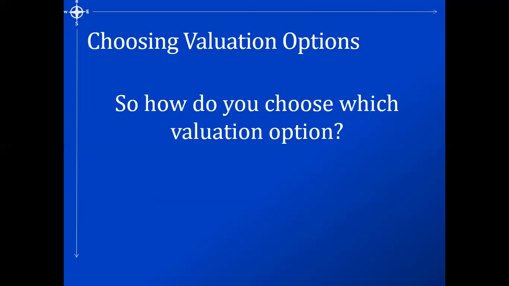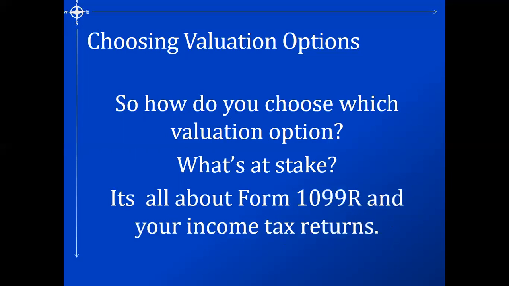Well, that's going to be a function of a number of factors, and really it's about what's at stake. What's at stake? Well, it's all about Form 1099-R and your income tax returns.